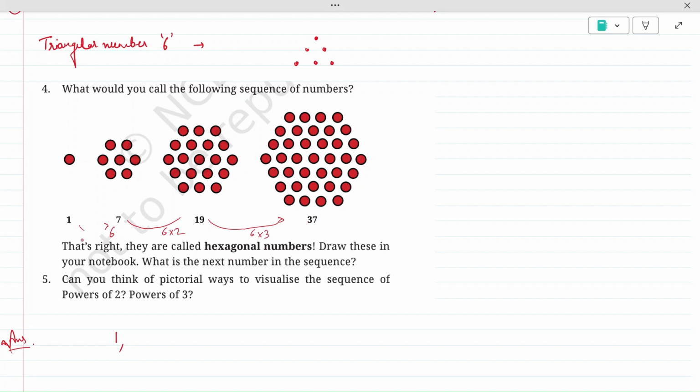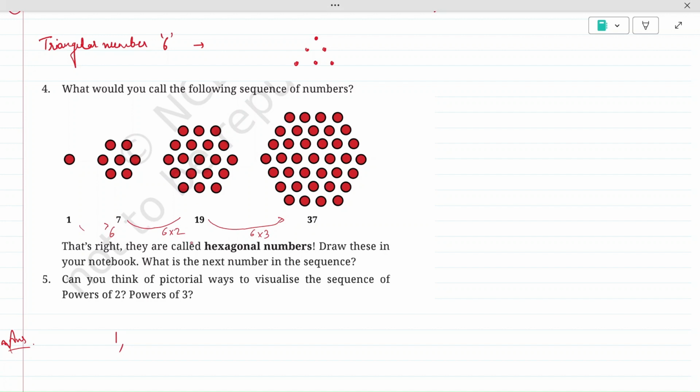So what we can say here is that the first number is 1 and the next number is the hexagonal multiple of the previous number. So this is 6, this one is 1 plus 6, and then we are adding one more hexagon to it.